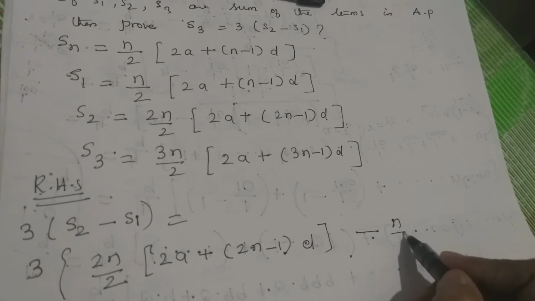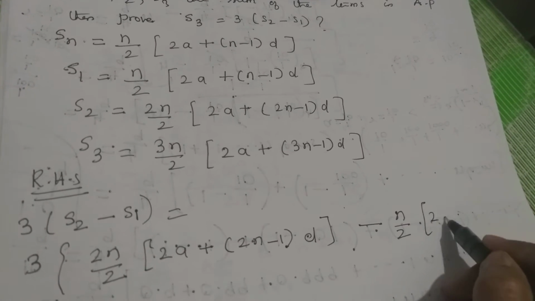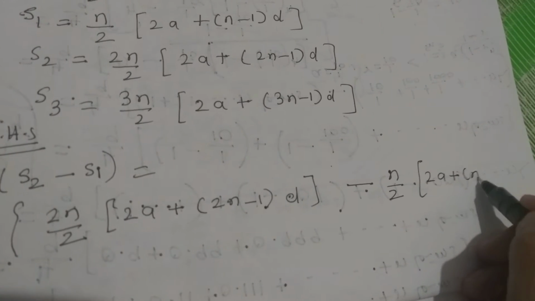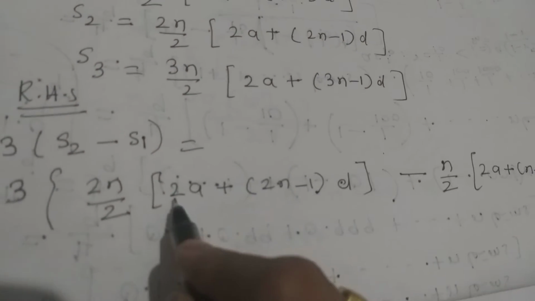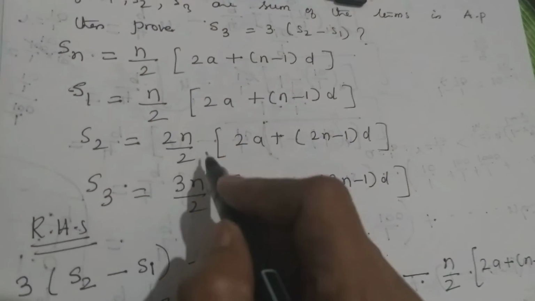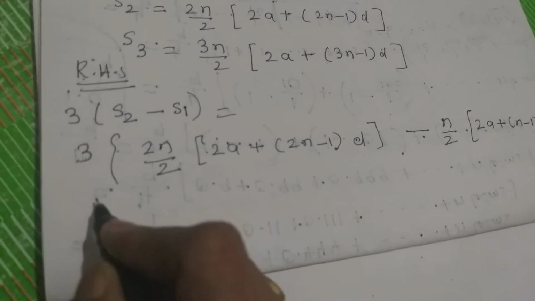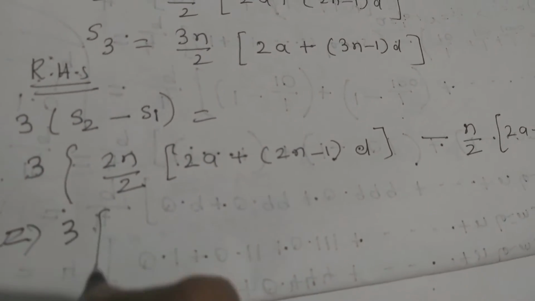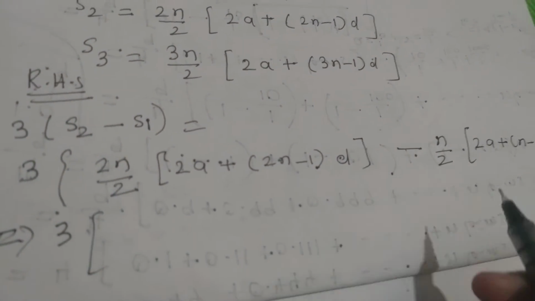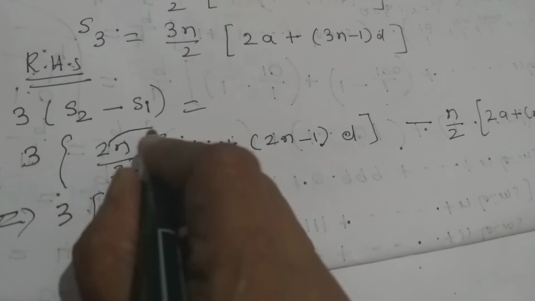S1 is n by 2, 2a plus n minus 1 into d. Okay, I just substituted for S2 and S1 what I found and kept here. Now the next step.